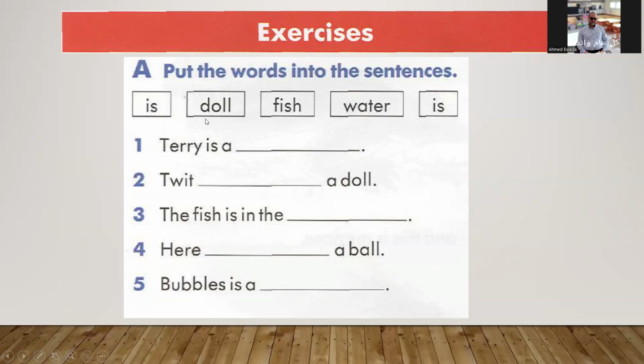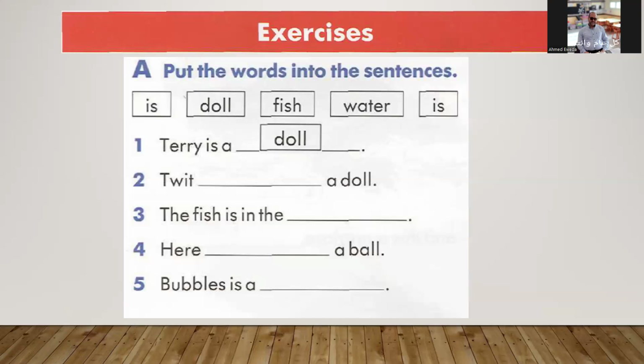Is, doll, fish, water, and is again. What about number one? Do you remember, Terry is a doll or a fish? Of course, Terry is a doll. You can read along with me in this exercise.